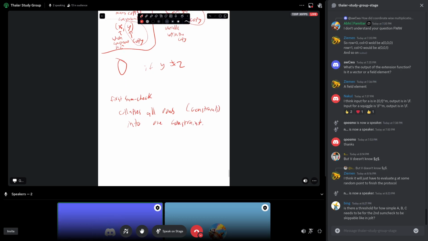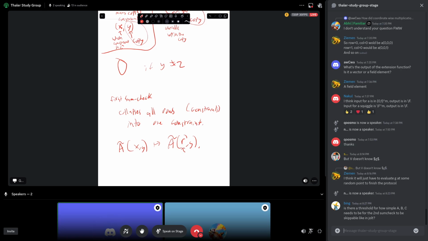If your matrices had a row variable and a column variable, the row variable at the end of the first sum check is fixed to this random value R prime, right? That's like saying I've taken a random linear combination of all capital N constraints, and now I'm down to one constraint.